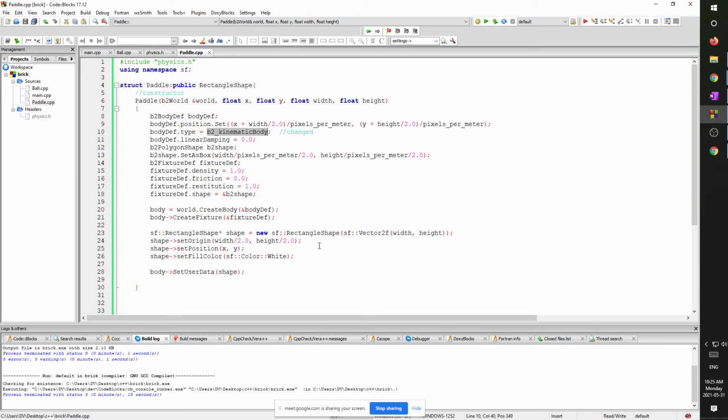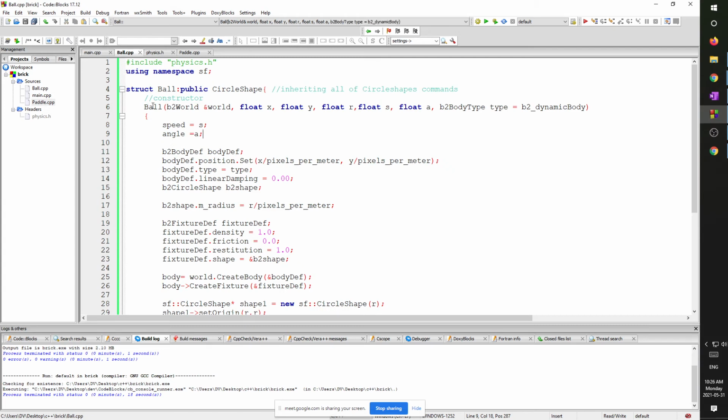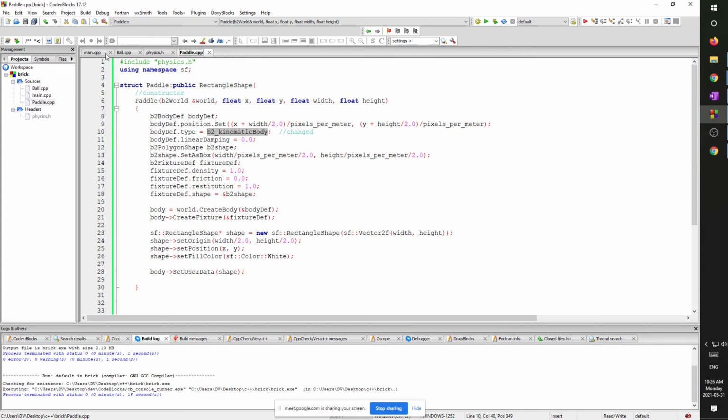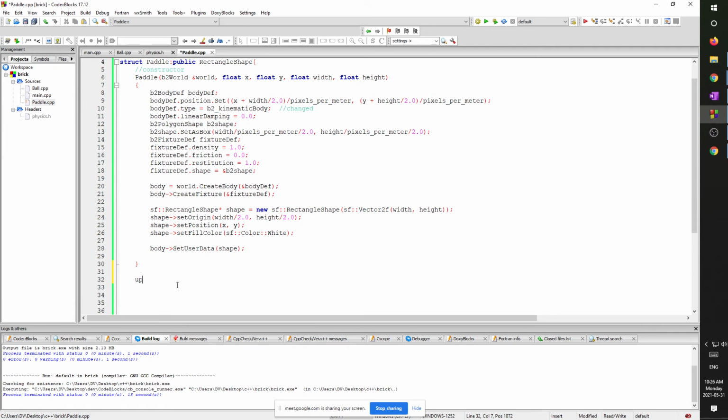So let's add a function, because we didn't do that with the ball. We didn't add any functions to our ball, right? The only function we edited was the constructor, but we didn't add any functionality to it. We're not going to yet today, but with the paddle, we'll add some functionality to get it moving with the keyboard. Okay, so why don't we call this function update position, and it'll be a void function.